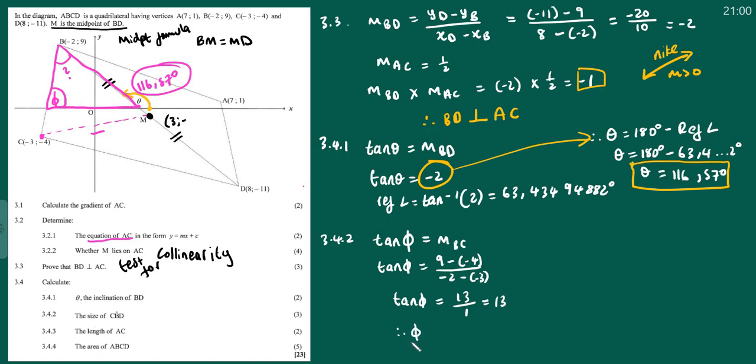Sir, before we continue, for 3.4.1, when the gradient is negative and the reference angle is also negative, what do we do?